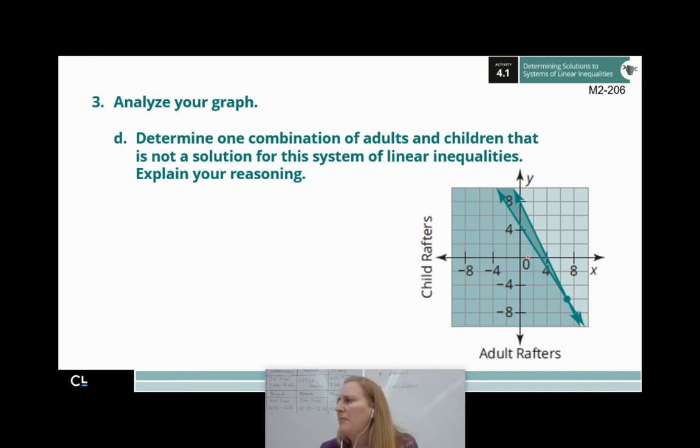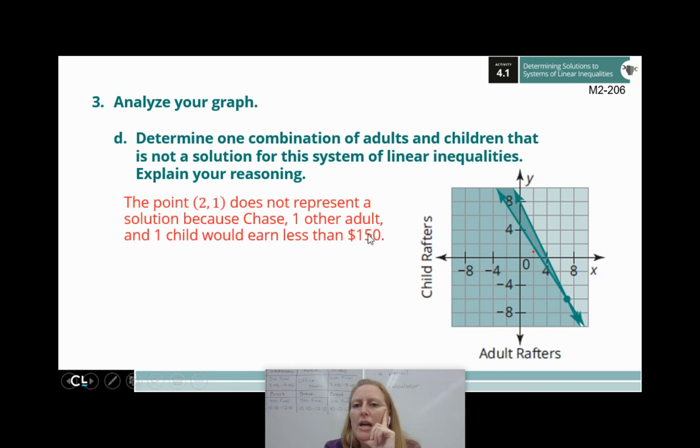If I pick something like 2, 1, I know it's just barely outside of it, but that's not in my sliver, is it? That's not within the overlap of my graphs. So 2, 1 would not be a solution because Chase, with one other adult and one child, would earn less than the $150 that he wants to earn.